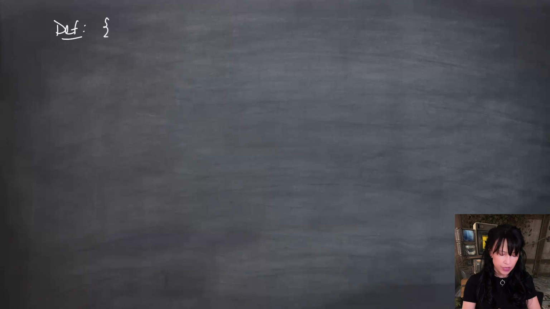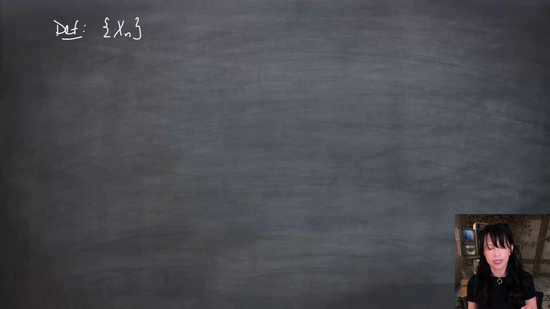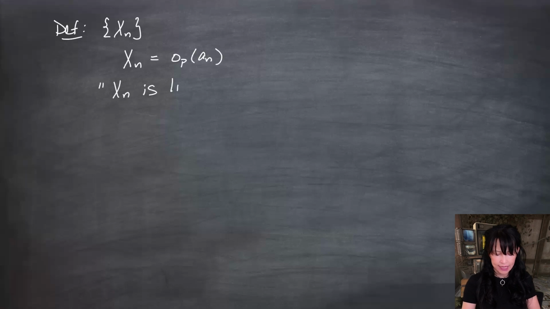If you have a sequence of random variables, Xn, and you have real constants like lowercase an, if you see someone writing Xn equals little o sub p of an, we say that Xn is little o p of an.